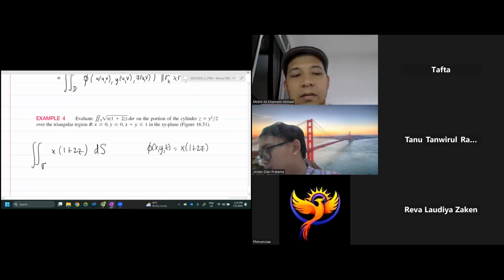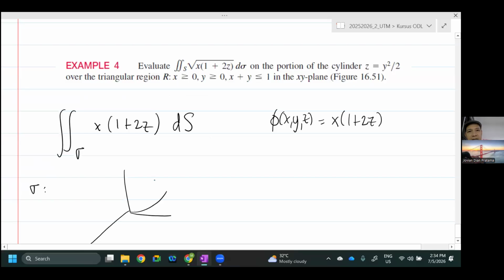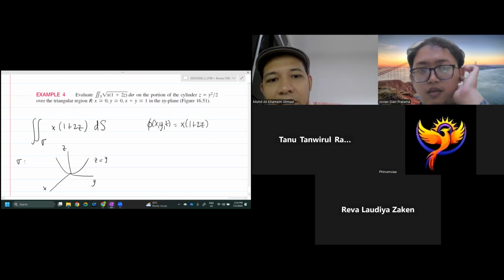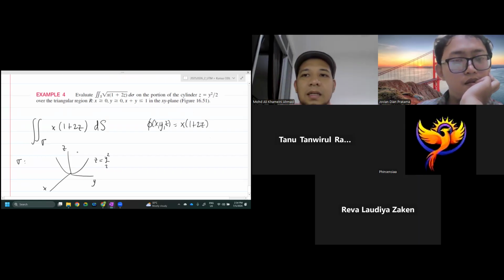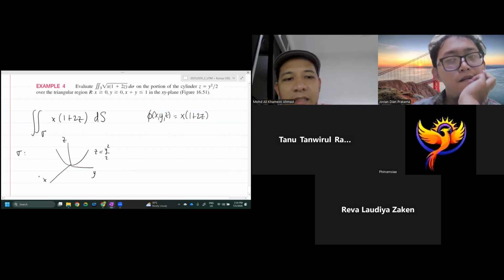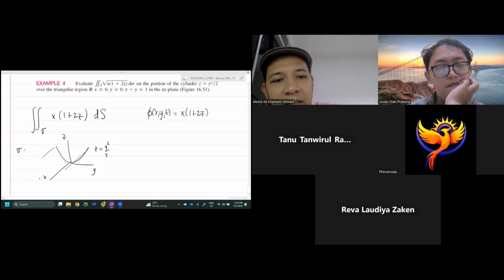You will have x, y, and z axes here. You have z equal to y squared over 2, and this is a cylinder, so you stretch it along the x-axis and you get something like this cylinder.